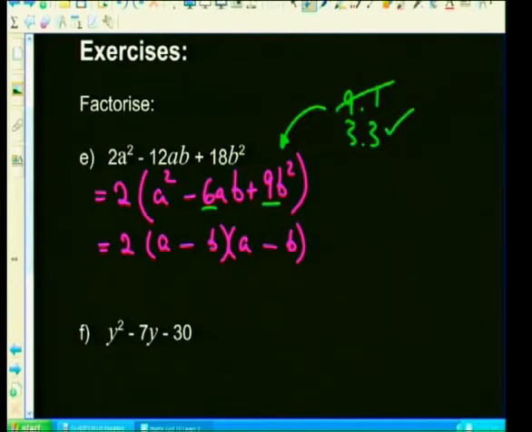So we can fill in our answer: a minus 3b all squared. And once again, I'm going to be a good boy and write it in best possible notation. Wasn't that cool? Two factorizations in one. First a common factor, and then a type 2 trinomial. Let's carry on.